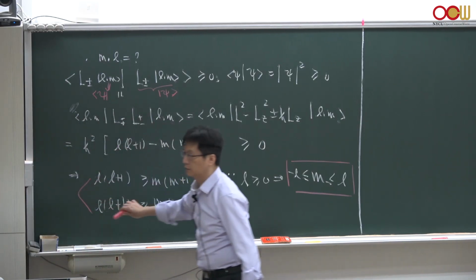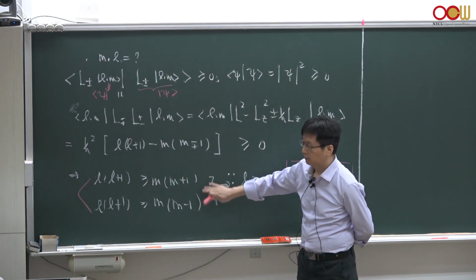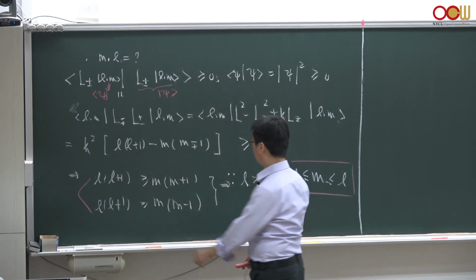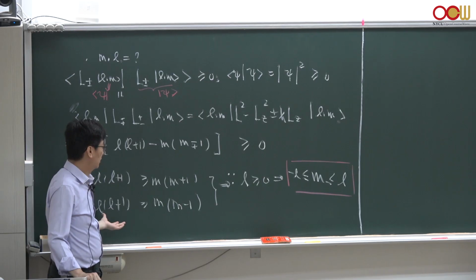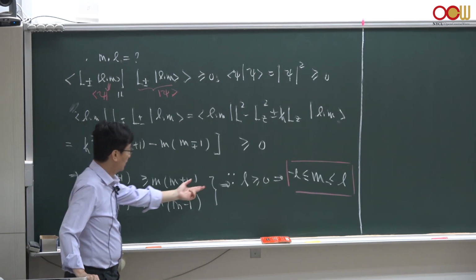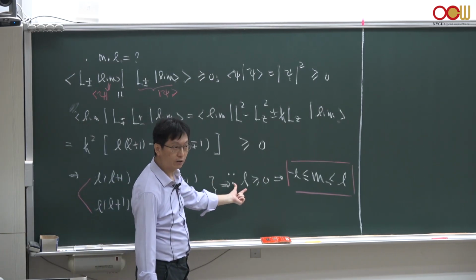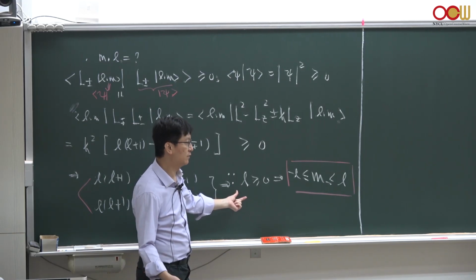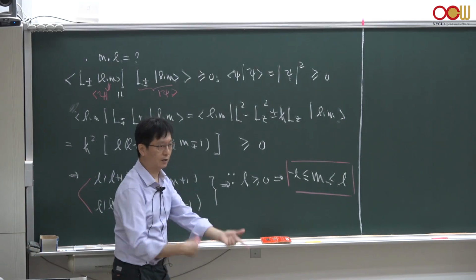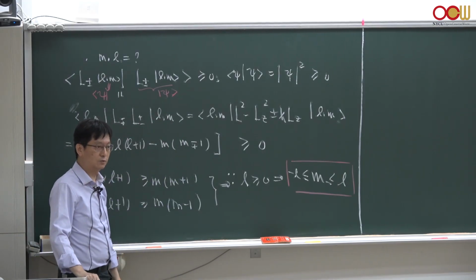We need to simultaneously satisfy these two conditions, and let's solve these two inequalities, which can be easily done because we argued previously that L can always be taken positive. If L is more negative than minus 1, then we could flip the sign of L to L prime. Remember that.